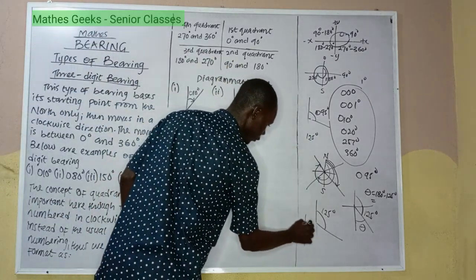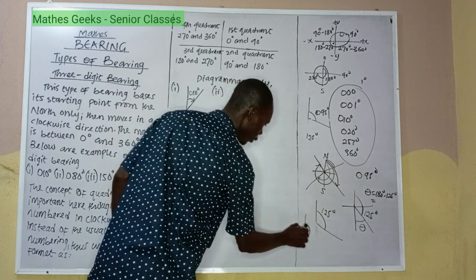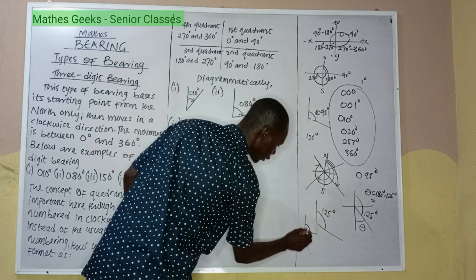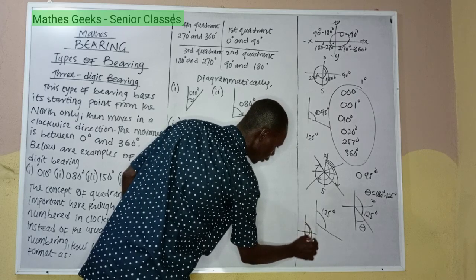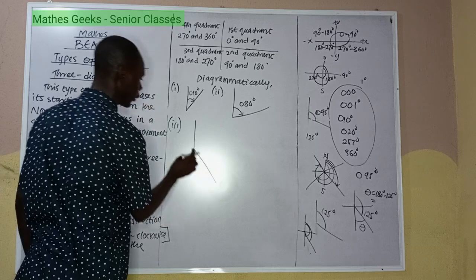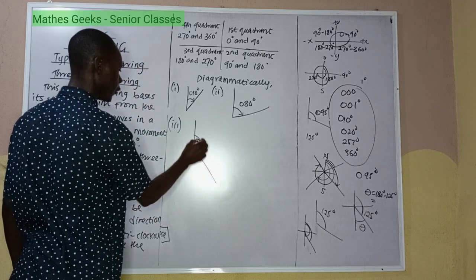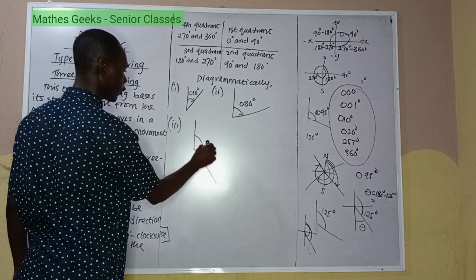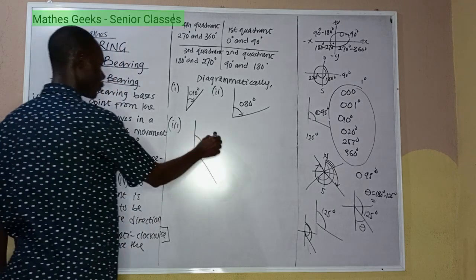So if this is our cardinal, that means 150 should be something like this. From here to here will give us 150. From the North Pole to this line, this goes 150 degrees.